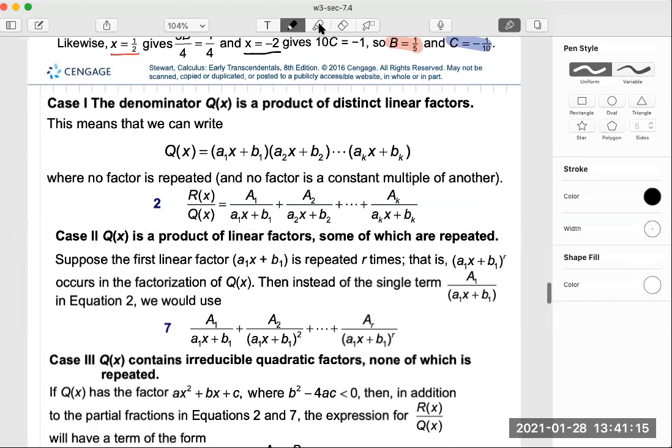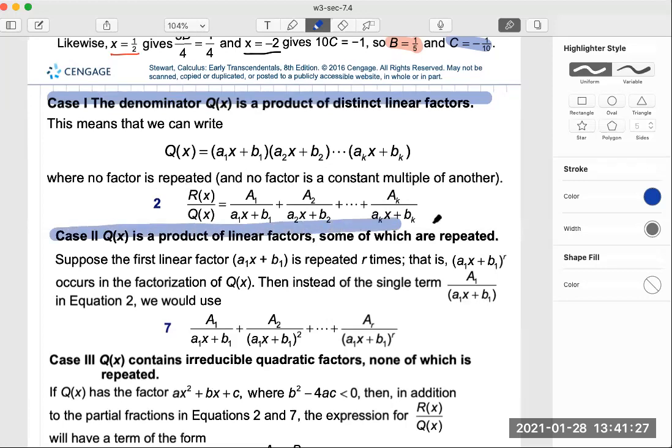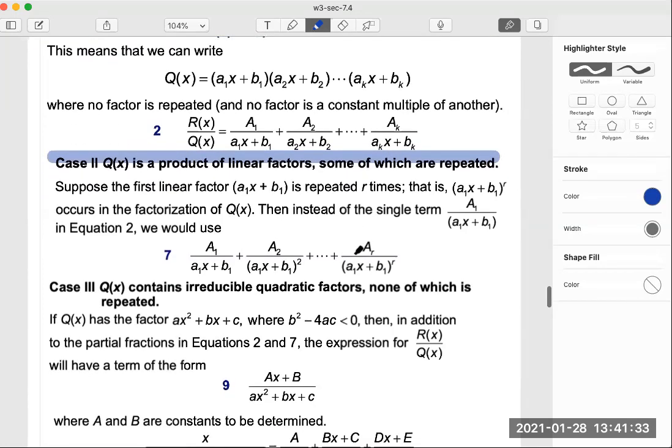Yesterday, we did the first case, when the denominator q is a product of linear functions. The second case we will cover is when in the denominator q, the linear terms, for example a1x plus b, are repeated.